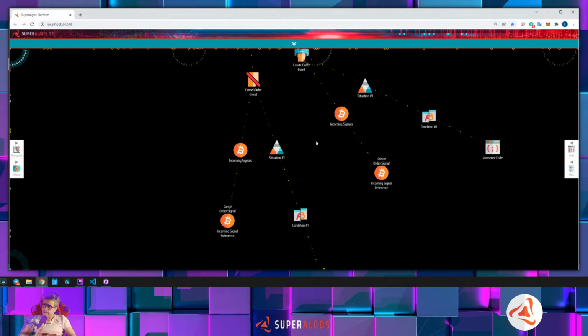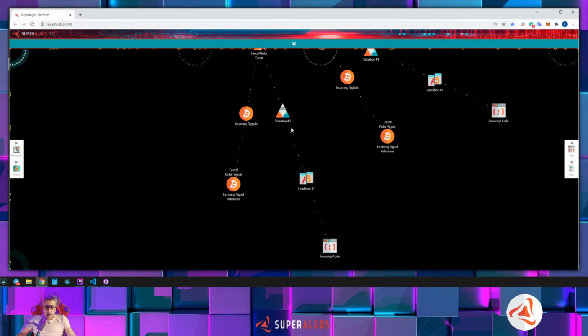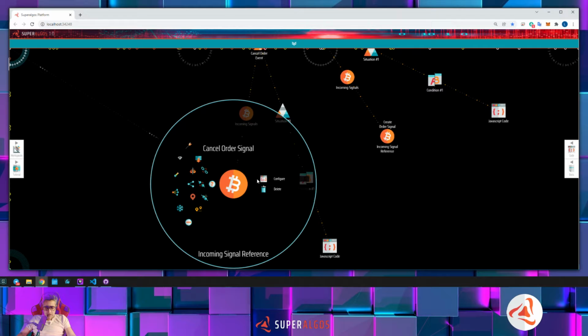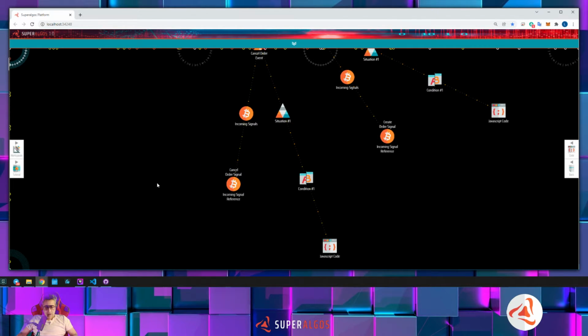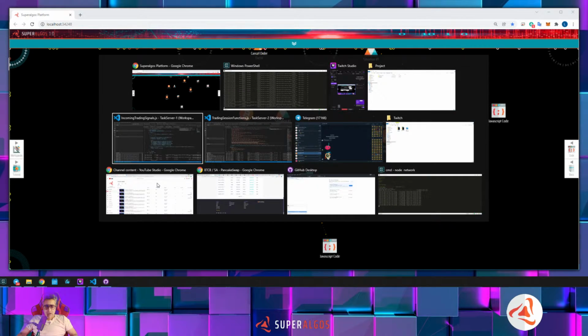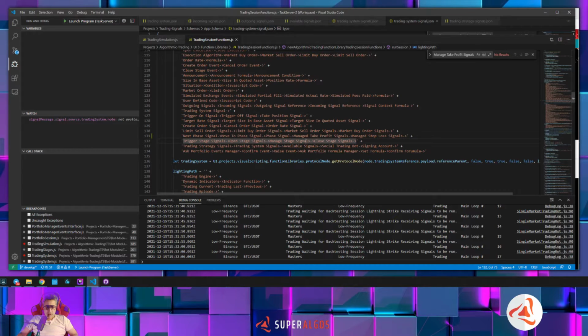Okay, so the node exists, the reference exists. If we check here, cancel order, it should exist because we were canceling order.